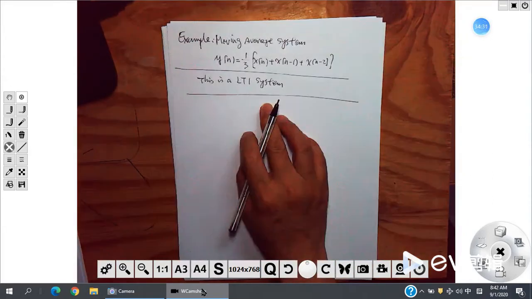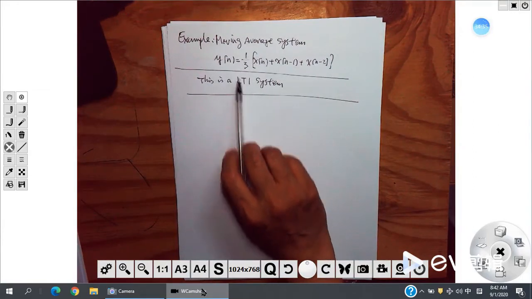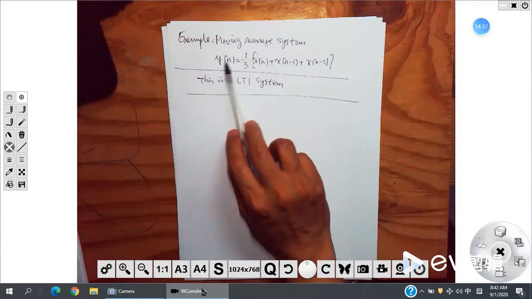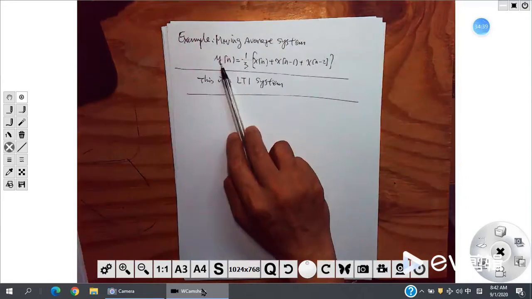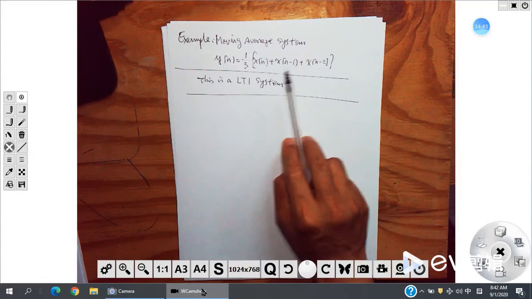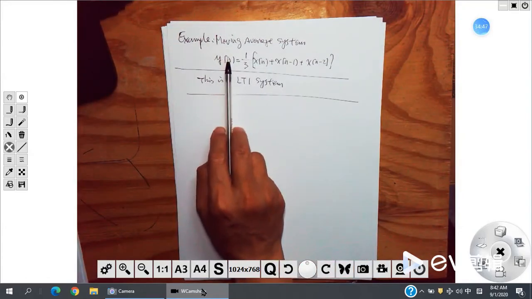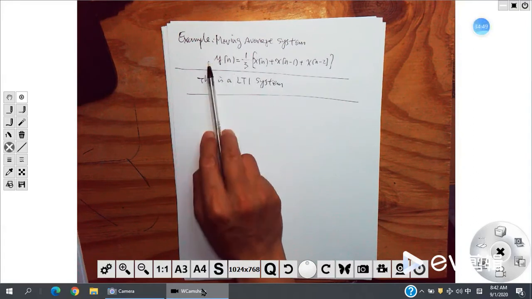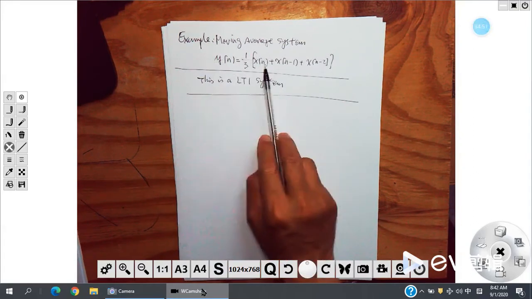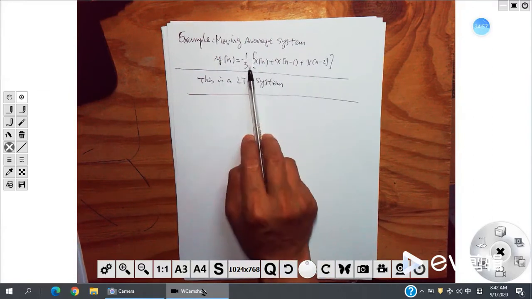Is it? Yes, because I said an LTI system can be written in this way. On the left side you have some y, on the right side you have some x. It's a summation of terms with x, and here a summation of some terms with y. Now we have one y and 3 terms with x. And each term, x or y, needs some coefficient.